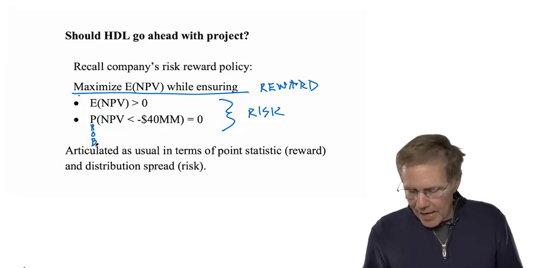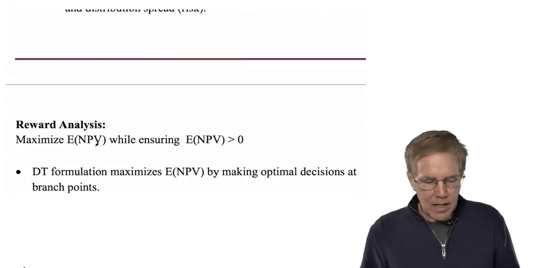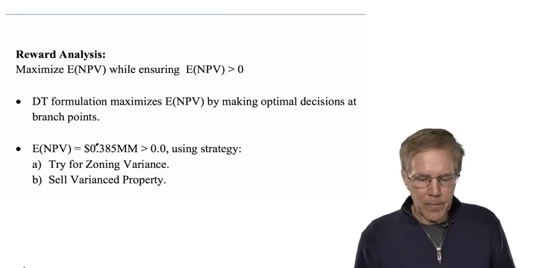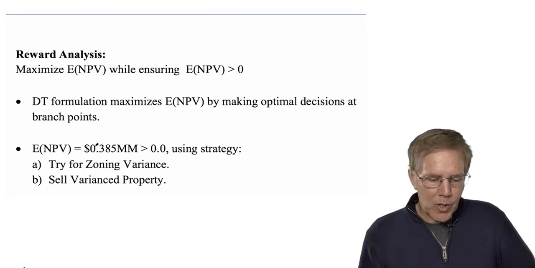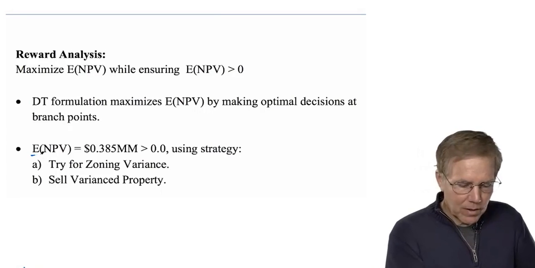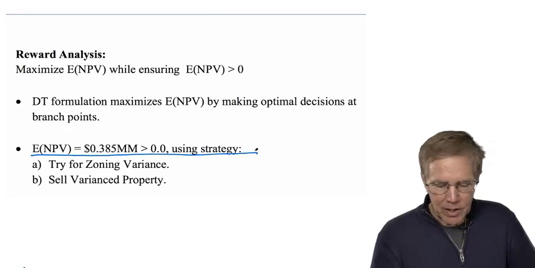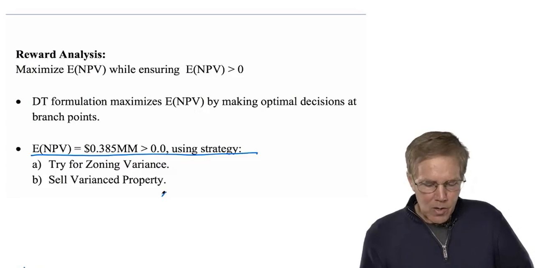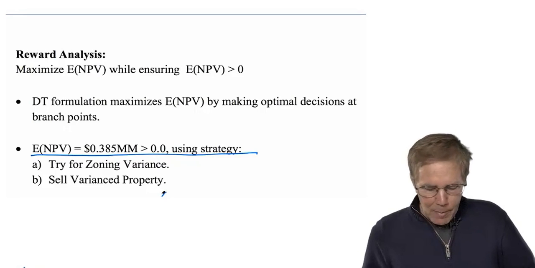okay? And let's go ahead and think about this one piece at a time. Okay, so for their reward analysis, we've got our NPV is greater than 0, so that's excellent.